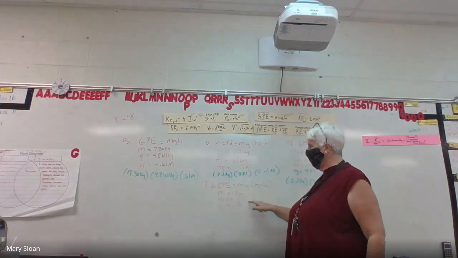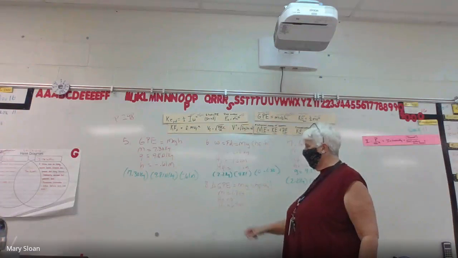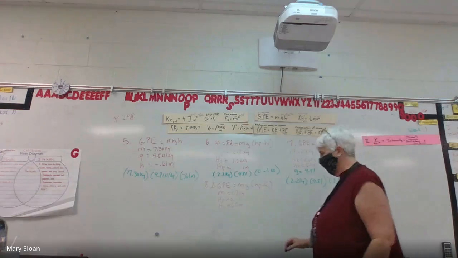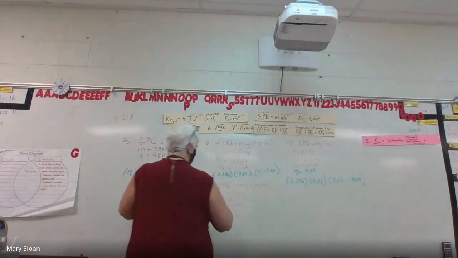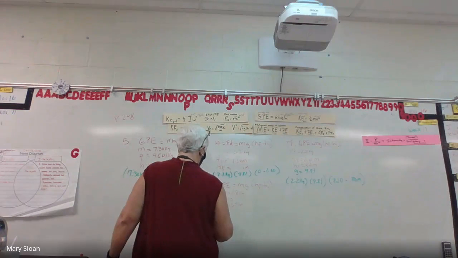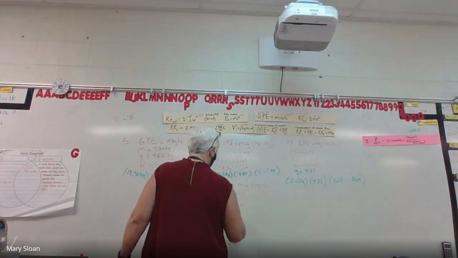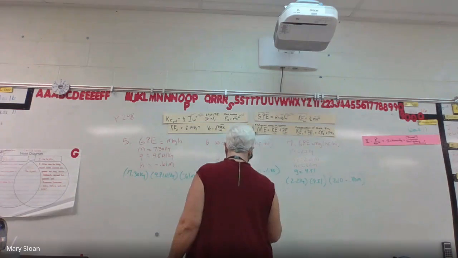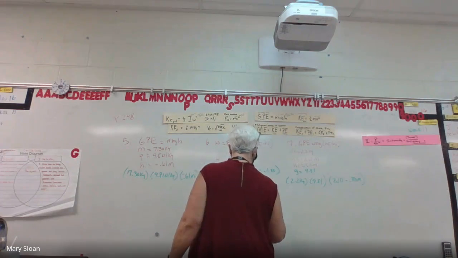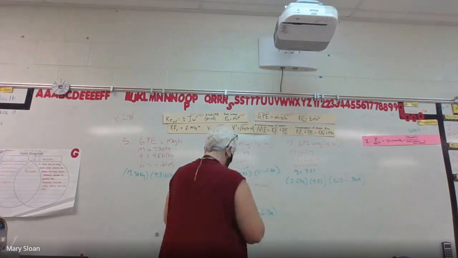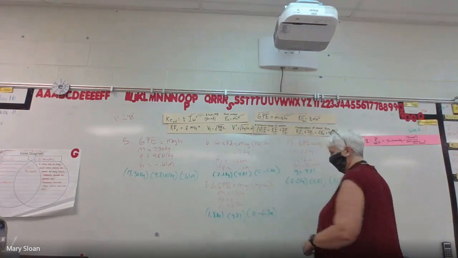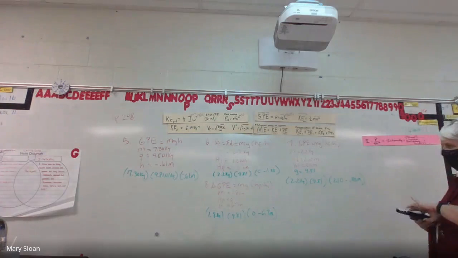So our mass is 1.8, gravity is 9.81, height final is 0, and height initial is 6.7. So what we're going to do, 1.8 kilograms, 9.81, times 0 minus 6.7 meters. See what we get.